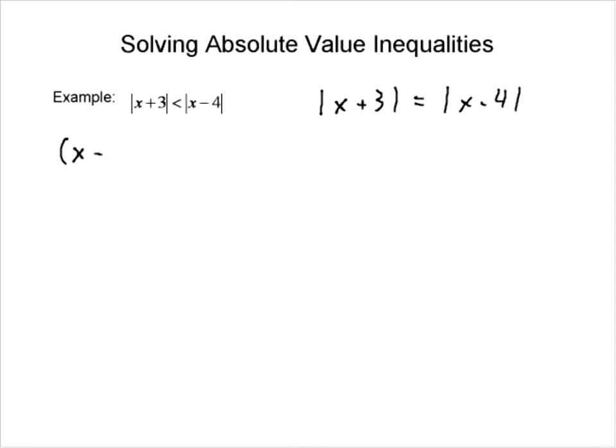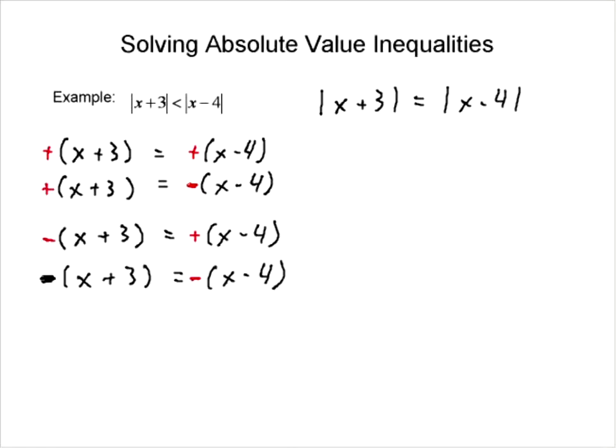So let's look at x plus 3 is equal to x minus 4. That's where we consider that both of these brackets are positive. Let's keep the first one the same, x plus 3, and let's make this one the negative of x minus 4, and this time we're going to make the other one negative.